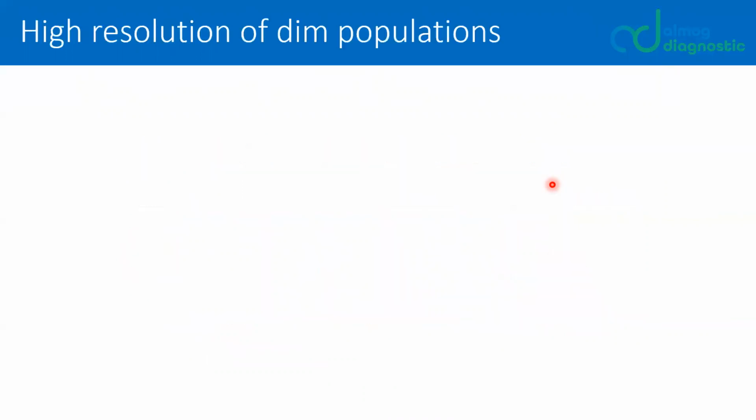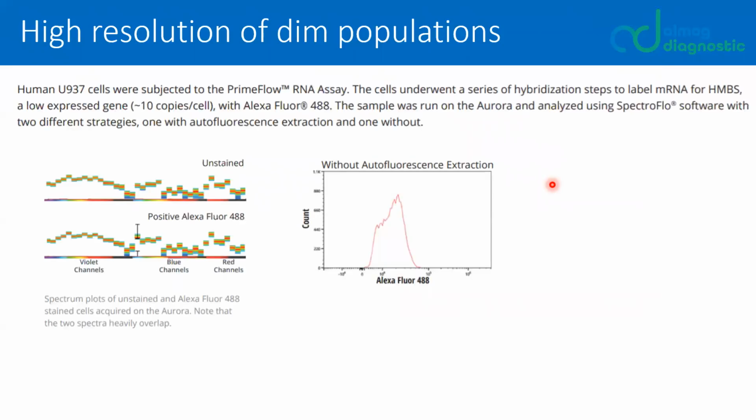High resolution of dim populations. Dim populations are always an issue when we build our antibody panels, because this is something that we always need to take into account. When building these panels, we usually choose brighter fluorochromes for dim populations. Here in this example, we have a messenger RNA of a low expressed gene in a lymphoma cell line.